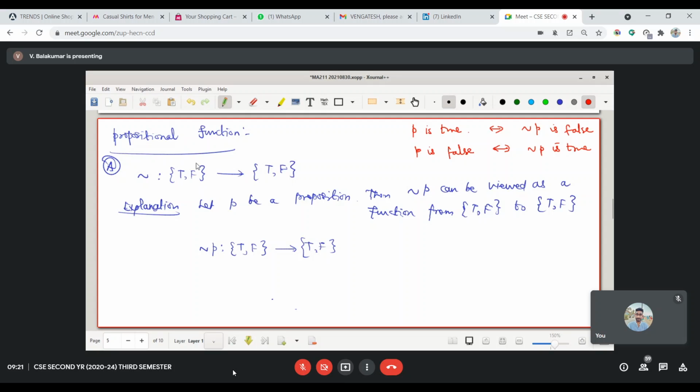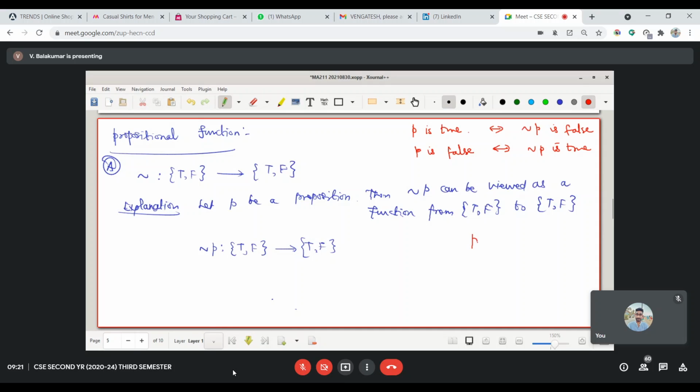It takes values from these two possibilities, T or F, and it assigns values from the same two possibilities, T or F. Give me any proposition, and the negation of that can be viewed as a function from this set to that set. You are giving me a proposition, and I am looking at that as a function. Why do I look at it in that way? Let me write down whatever I have written here in terms of a table.